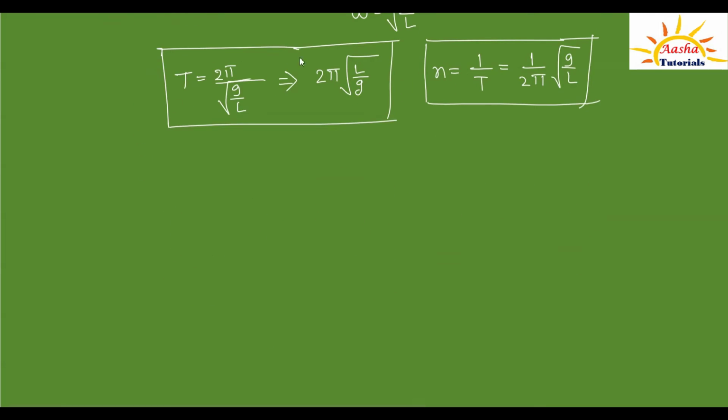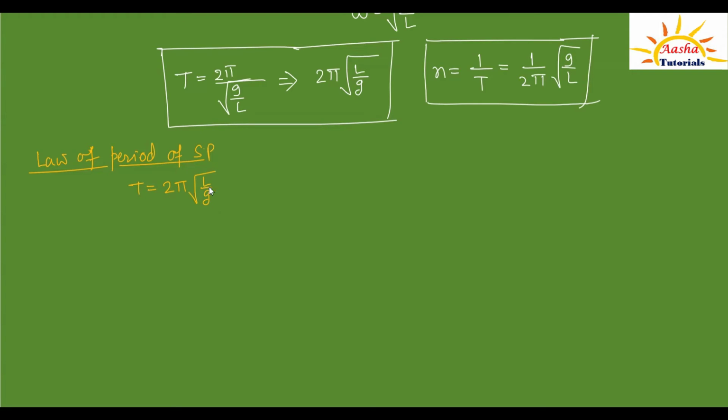Now based on this relation, sometimes we write the laws of period of a simple pendulum. What are the laws? By this relation itself, we can write the period of simple pendulum is equal to 2 pi root of L upon g.